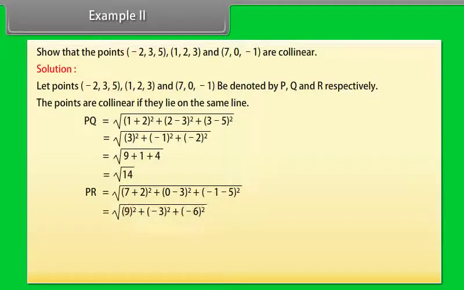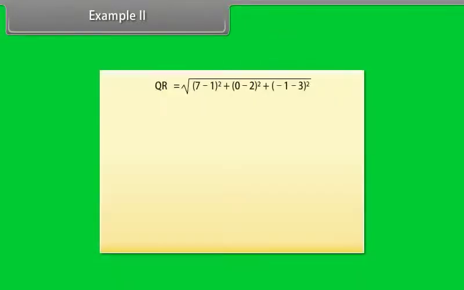After calculating PR, we get 3 into square root of 14. QR is equal to square root of (7 minus 1) square plus (0 minus 2) square plus (-1 minus 3) square. After calculating QR, we get 2 into square root of 14.